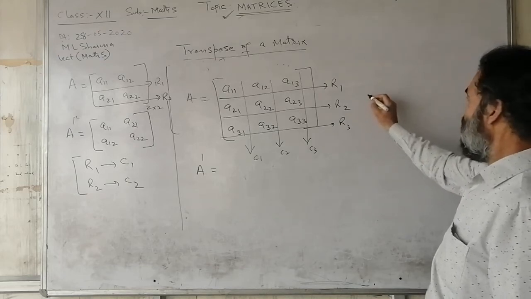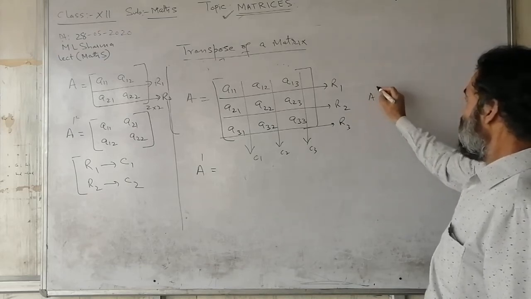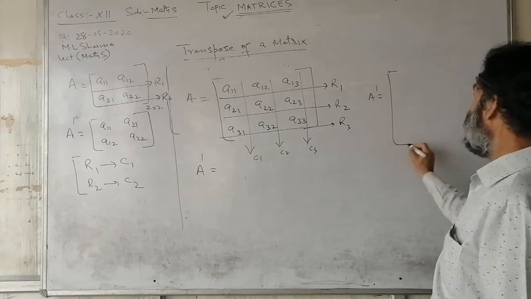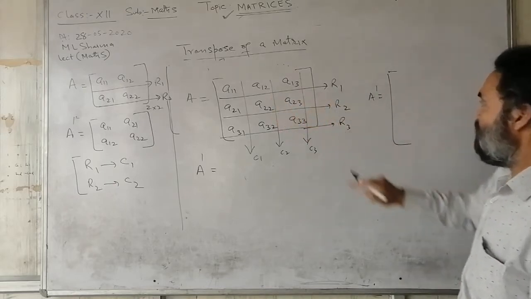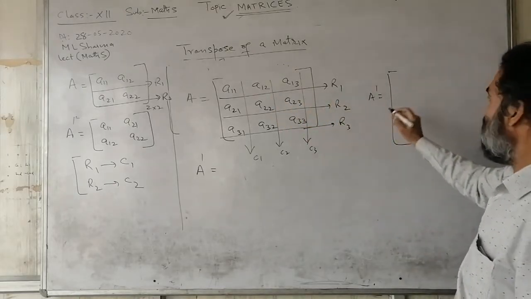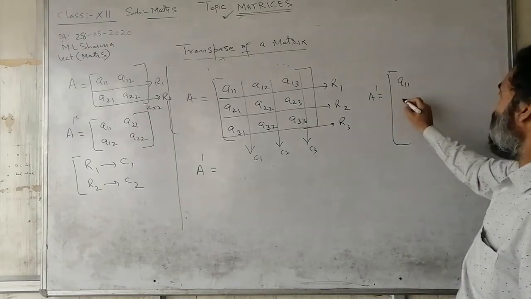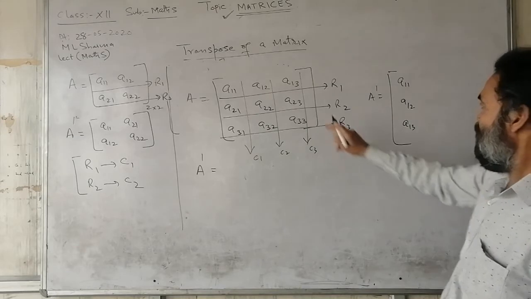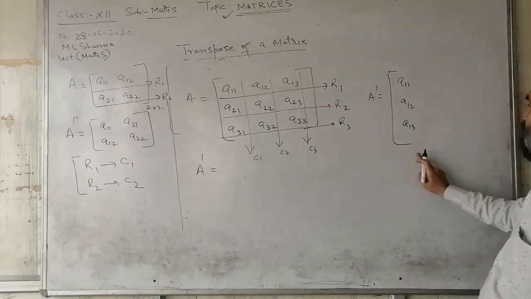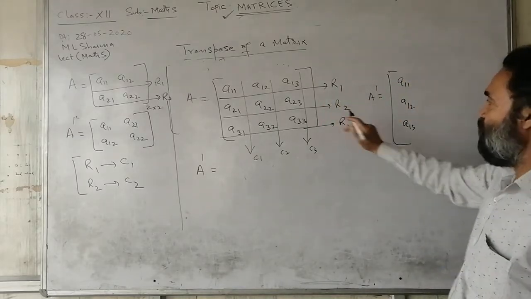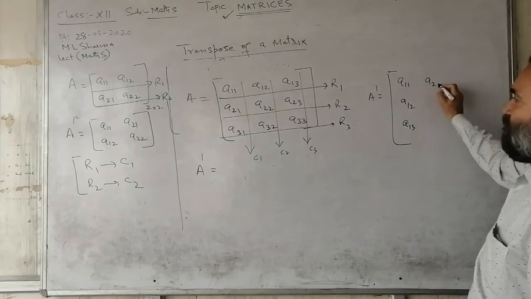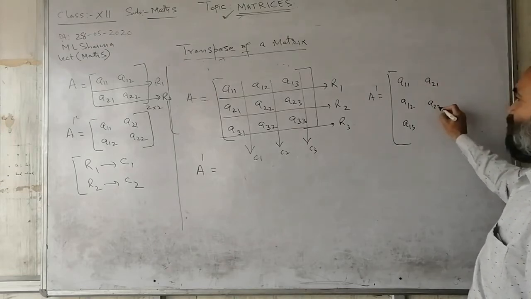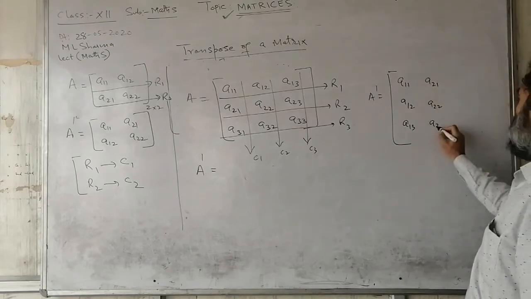So A dash will equal to this R1 is to be changed into C1. So A11, A12, A13. So this R1 is changed into C1. Then R2, A21, A22, A23.